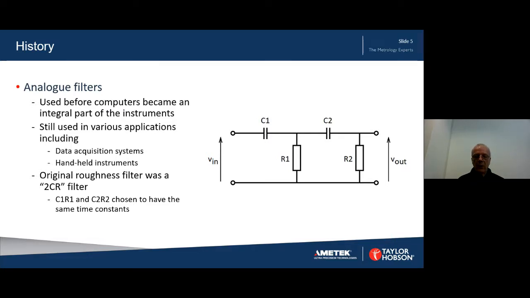Often the two stages would have unity gain buffer amplifiers between them. For the sake of simplicity, I've omitted the amplifier from the diagram. Analog filter circuits are still in use, particularly in handheld instruments and in the data acquisition systems.